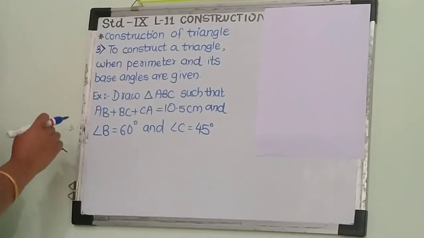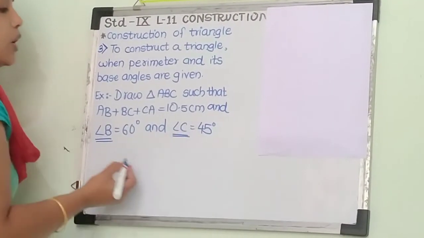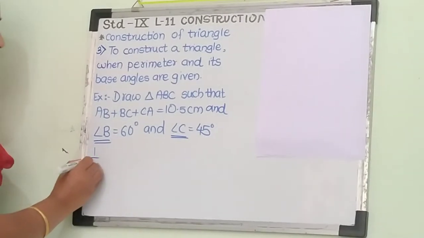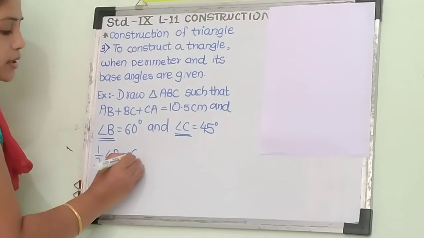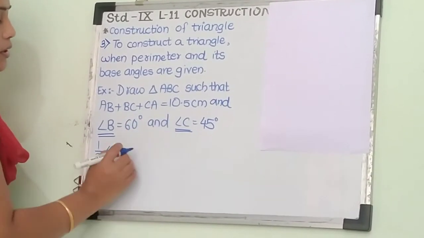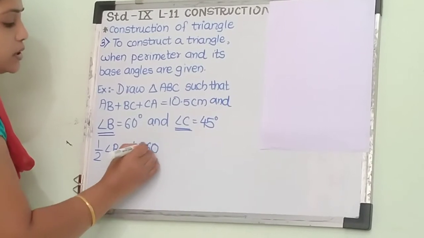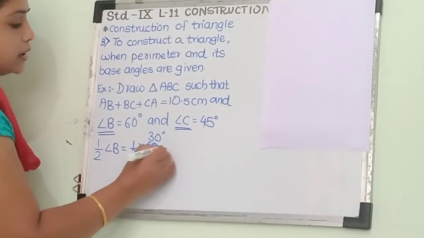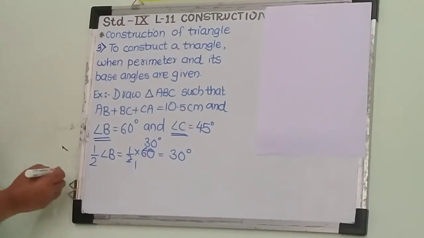See, first we find the half angles. Half of angle B equals half into 60, that is 30 degree.